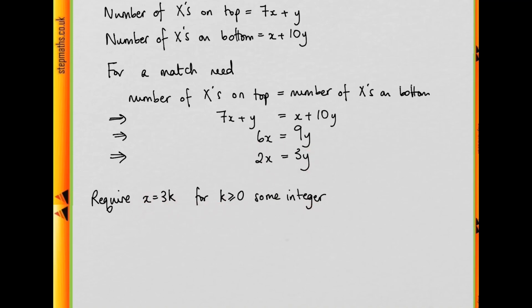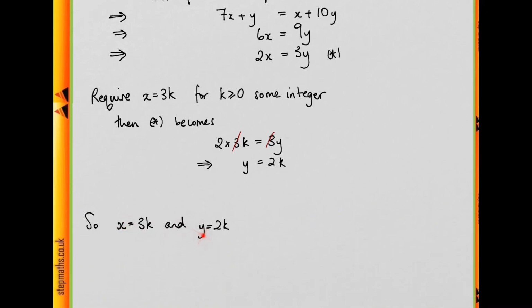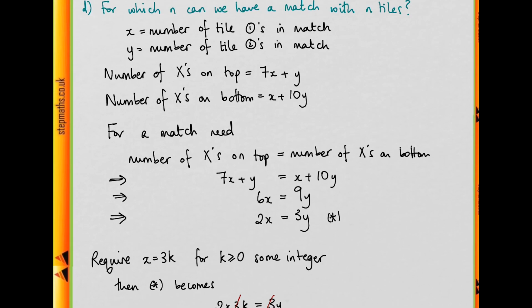Then putting that into here, if I call this line star, then star is going to become 2 times 3k equals 3y. And now we can cancel 3 from both sides, and so we see that y is equal to 2k. So now we have that x is 3k and y is 2k, and x was just the number of tile 1s we had in our match, and y was the number of tile 2s.